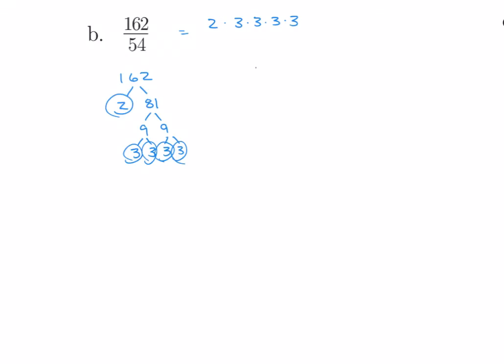All right, 54. What multiplies to 54? I'm going to go with 6 and 9. 6 is equal to 2 times 3, and 9 is equal to 3 times 3. So on the bottom, we're going to have 2 times 3 times 3 times 3.